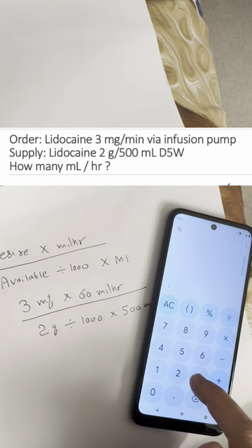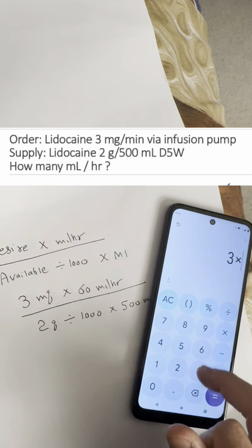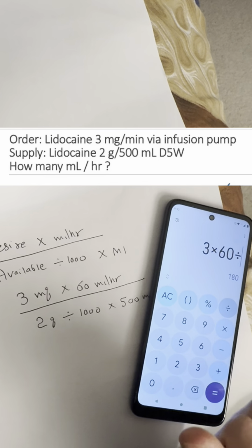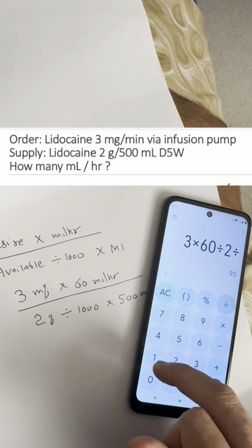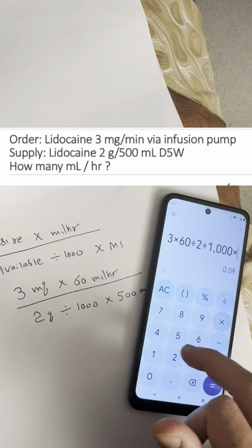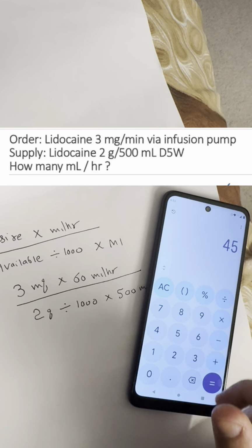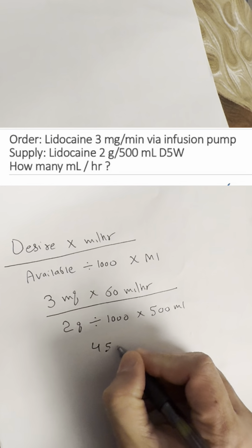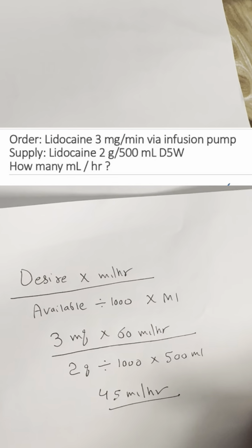The doctor ordered 3 milligram multiply by ml per hour, which means 60 minutes, and then divided by 2 gram available divided by another 1000, and then times 500 ml, which will give me the answer 45 ml per hour. 45 ml per hour. That is the answer you are going to select.